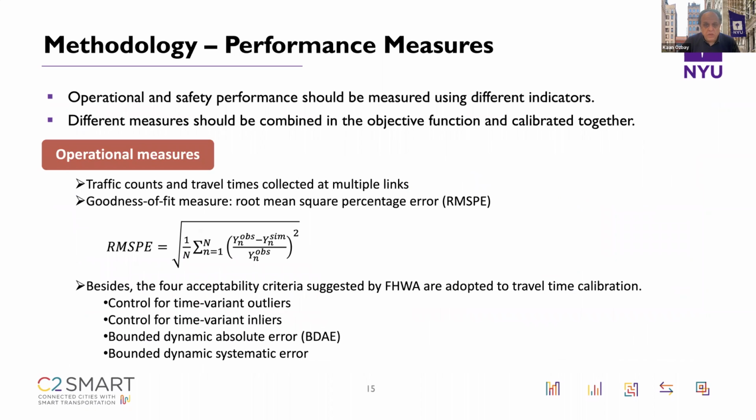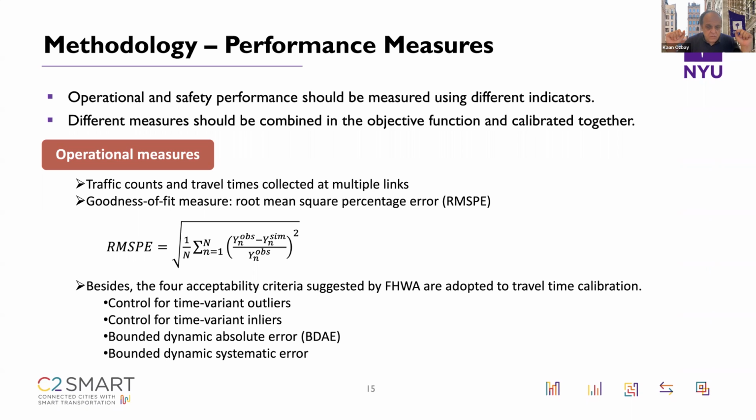So for the operational performance, we use an error function called root mean square percentage error. Basically, we are simulating and then comparing the simulation to observed values and seeing how the error moves. And then we are looking at different acceptability criteria suggested by Federal Highway. Remember, this is a research project in some ways, but it's also a real world project. So there's a balance we have to achieve between research and real world.